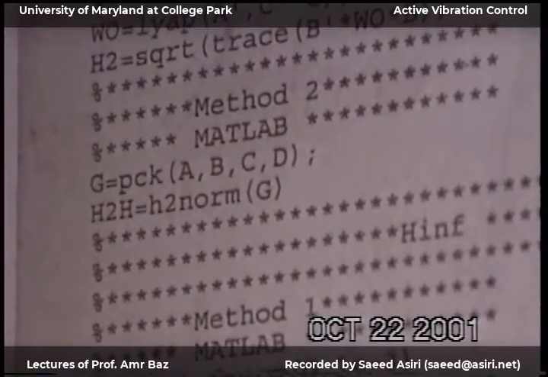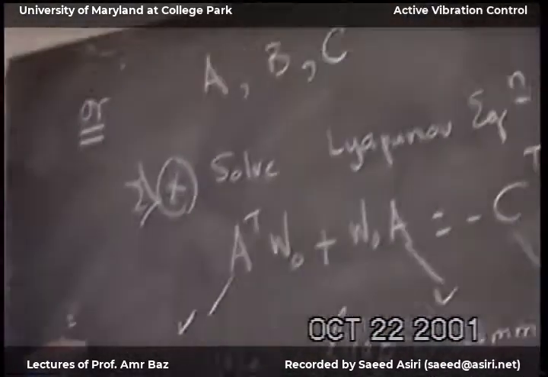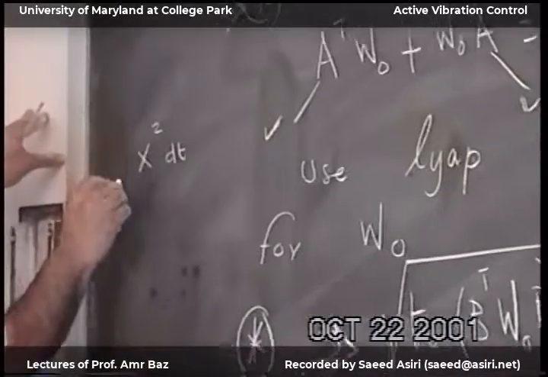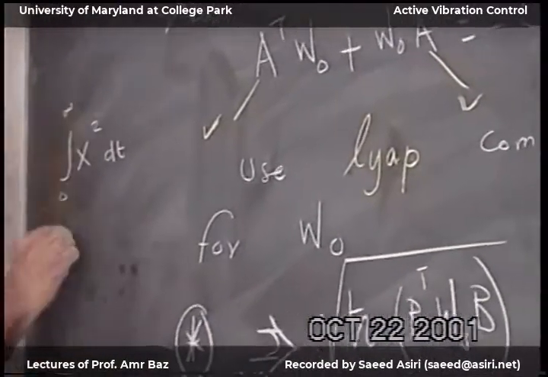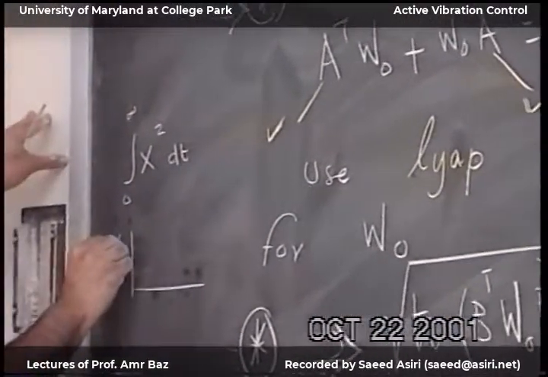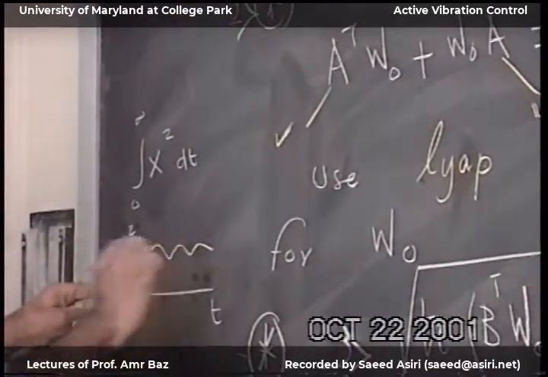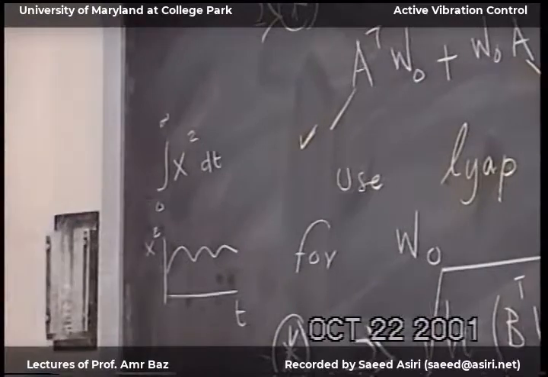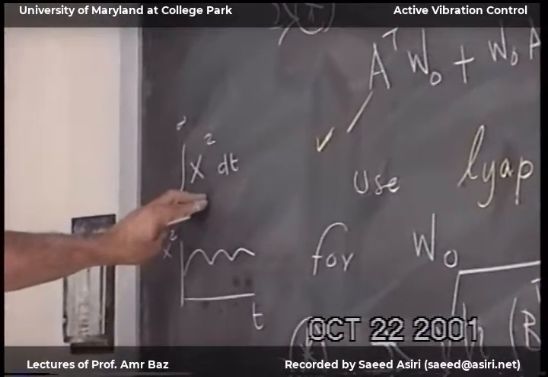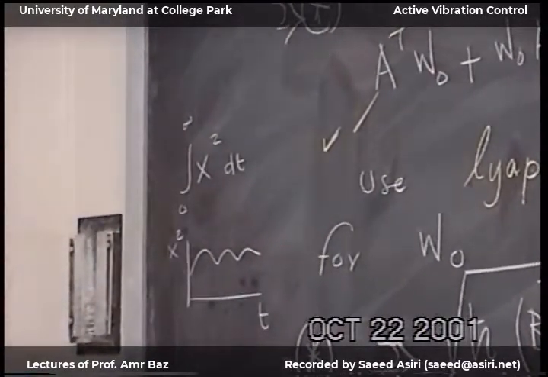When we say x squared dt and then I integrate, this is very clear. I have x squared here, I have time here, and I have this curve. But now we don't have x as a scalar because I have a transfer function.